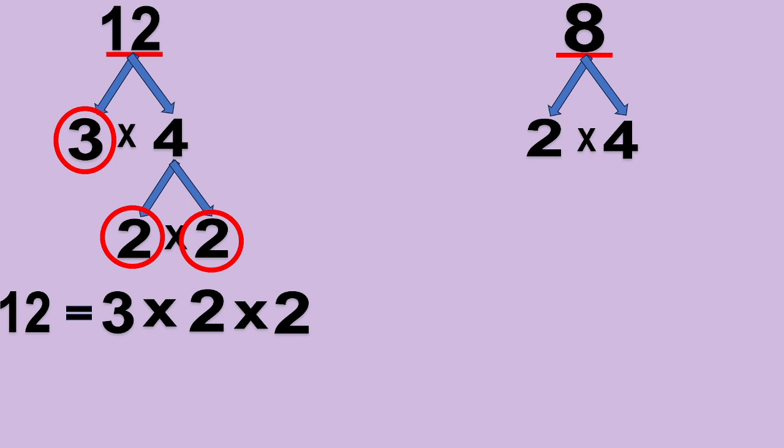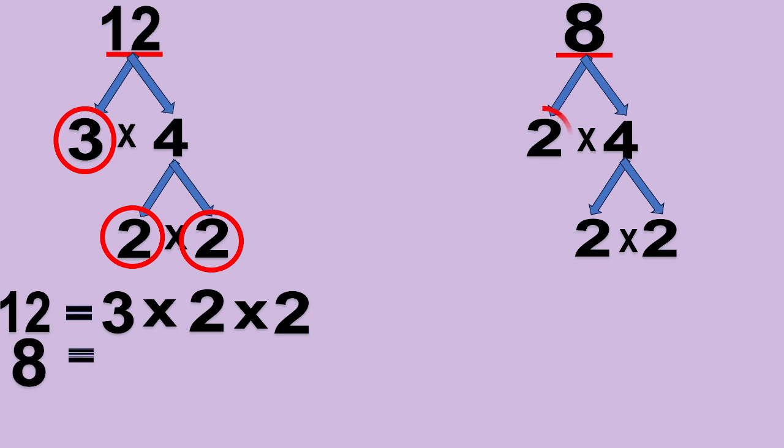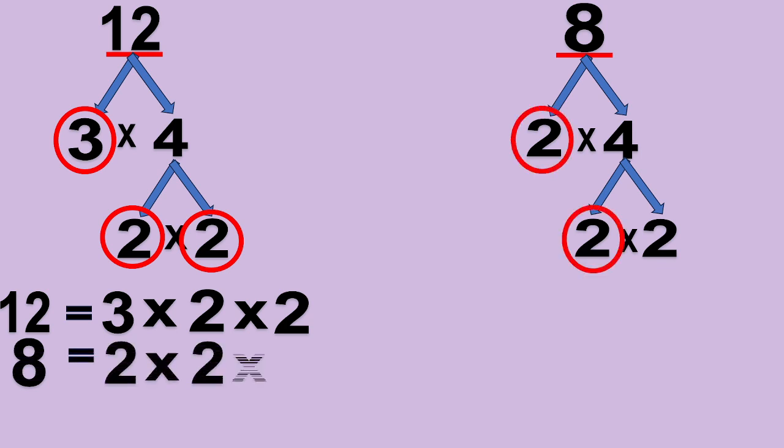So we have to split it down. So the factors of 4 are 2 and 2. Now, list the prime factors of 8. We have 2, 2 and 2.